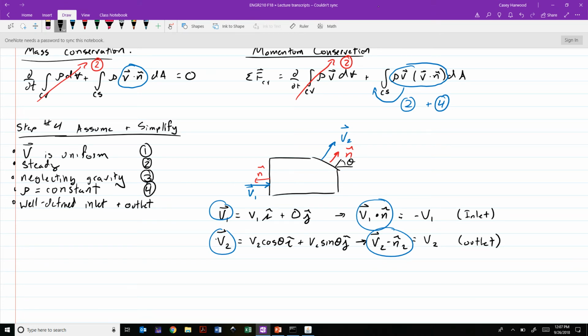All right, so rather than scribbling all over the equations we already wrote, let's go ahead and restate them in our new proposed simplified form.